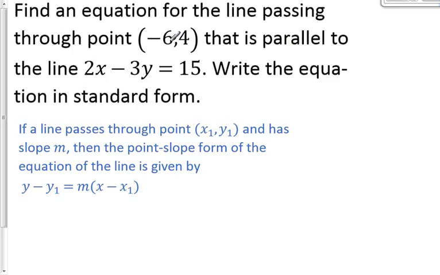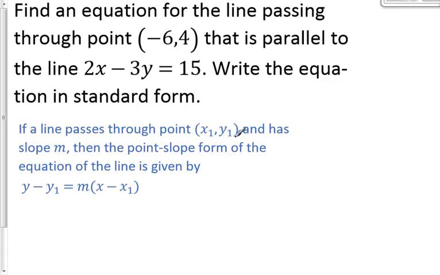So as long as I have a point, which I do, and the slope of the line, then the point slope form of the equation of the line is given by y minus y1 equals m times x minus x1, where x and y are the only variables, and y1, m, and x1 are all numbers that I'm going to plug in. So I just need to find m.